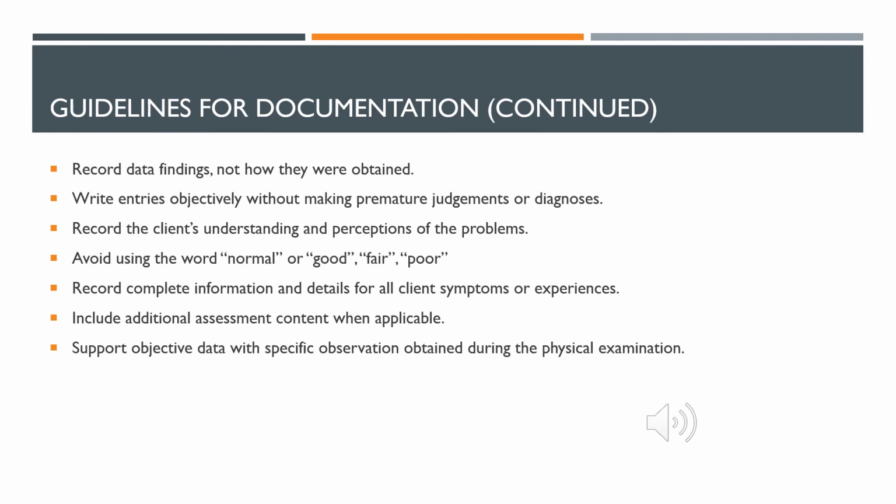For example, when describing the emotional status of a client as depressed, follow it with a description. The client is dressed in dirty clothing, the client won't make eye contact, slumps their shoulders when you're speaking. So it just backs up your objective data, what you've observed. It backs it up with examples of what the client behavior is.